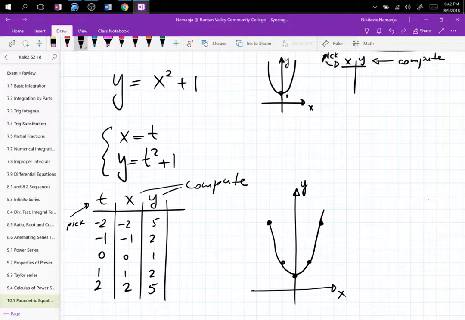We get the same graph, but we actually have more information when we do parametric equations than when we do the regular graph, because parametric equations bring in now the orientation. See, we have a motion over here. We have motion described because the time flows from negative t to positive t.